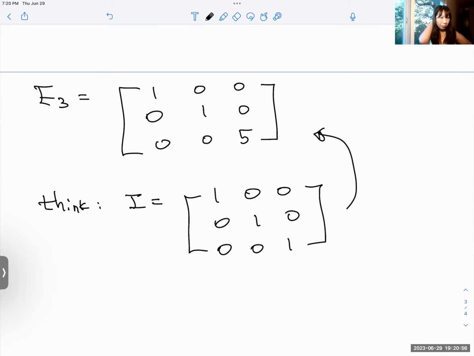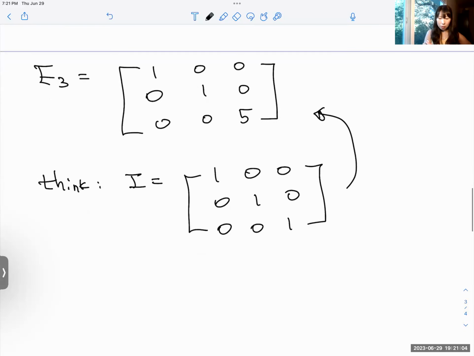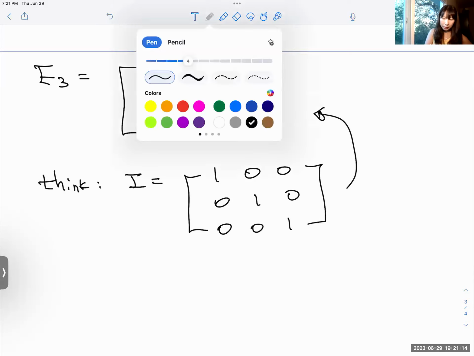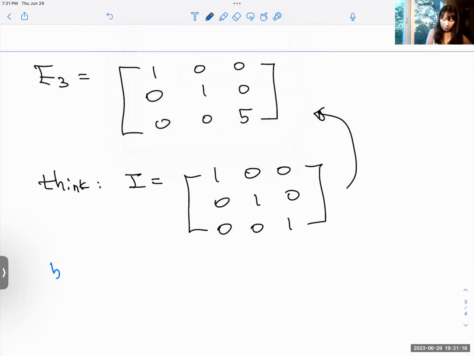How do you do it? So everyone can see that it's just multiplying by a scalar, right? So that is 5 row 3 to make row 3, right?